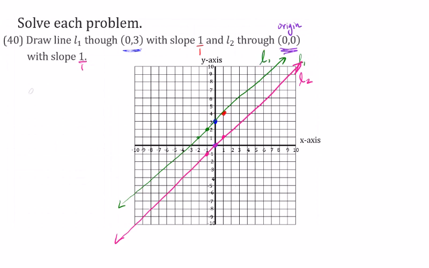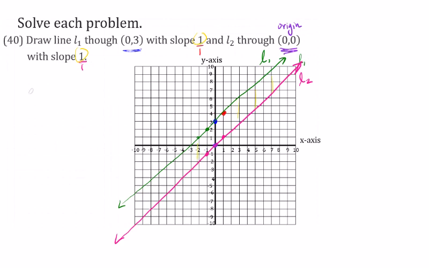Let me redraw this. Label L1. All right. So what do you notice about those two lines? We'll talk about this in the next lesson, but if you notice that they have the same slope, good job. When they have the same slope, even though my lines aren't perfect, notice that they're the same distance away at every point.